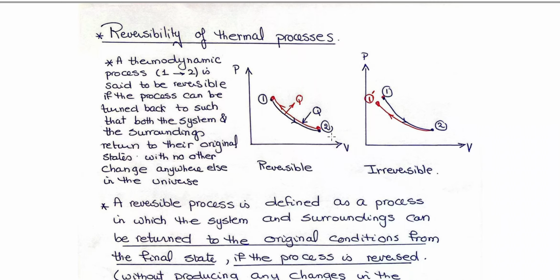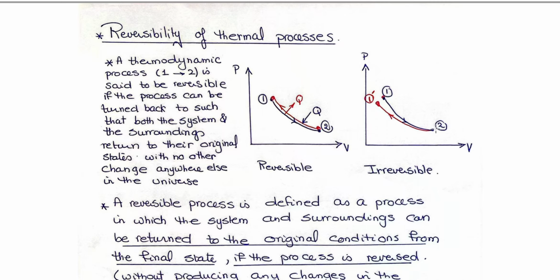So from 1 to 2, this is the relation between P and V. The gas changes its state from state 1 to state 2, and it gains an amount of heat energy Q. If I reverse the condition, which means that the gas loses Q, the same amount of heat, it returns back from 2 to 1 exactly.